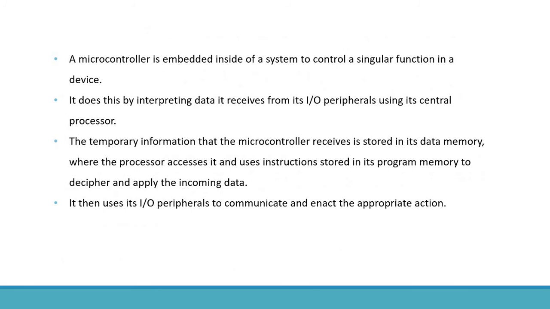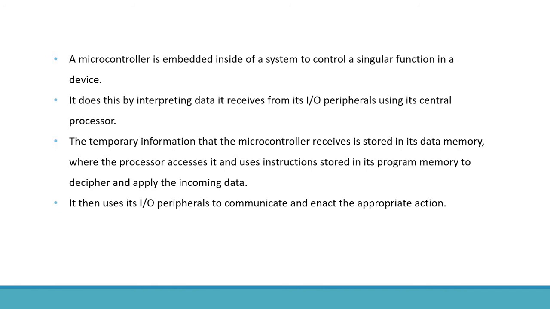So in short, we can summarize a microcontroller is embedded inside of a system which is used to control a singular function in a device. It does this by interpreting data it receives from its input or output peripherals using its central processor. The temporary information that the microcontroller receives is stored in its data memory.